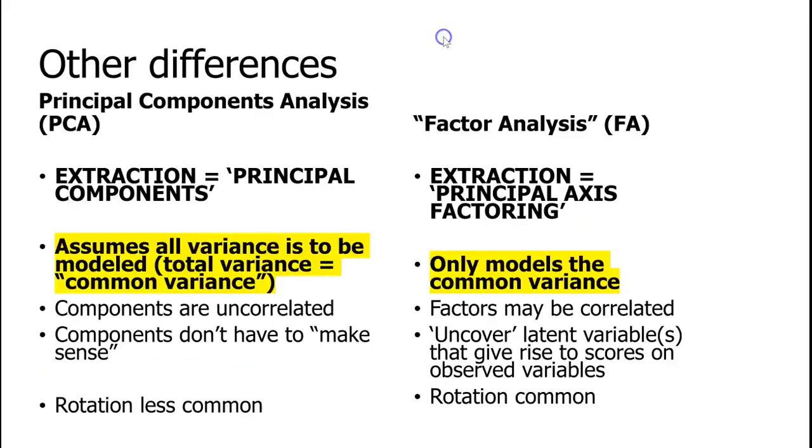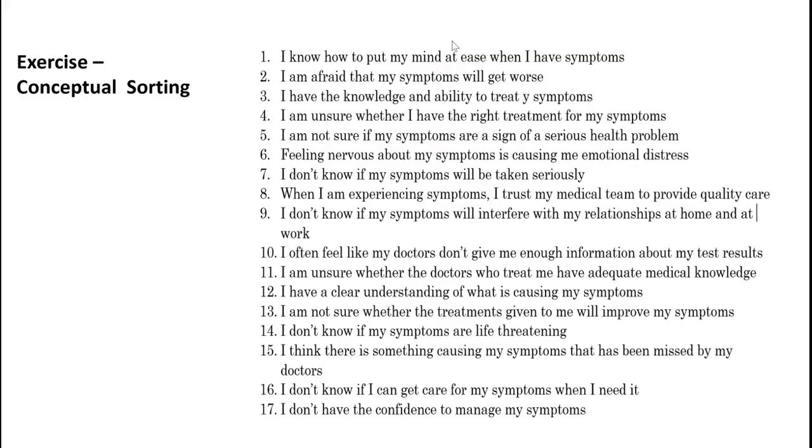That gets you to look at these questions. This is a subset of questions from an actual measured, published measure. And I'm going to put us on break for like 2 minutes while you sit and think through these questions. What I'm going to ask you is, do these questions look like they could reasonably conform to a common factor model?